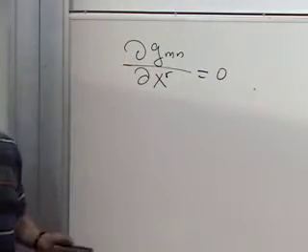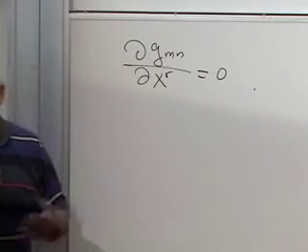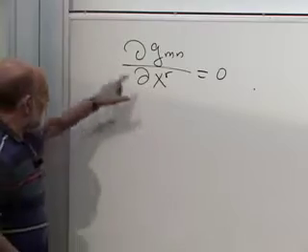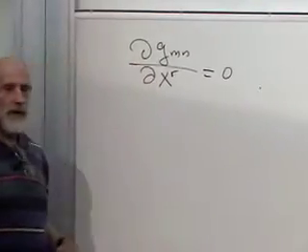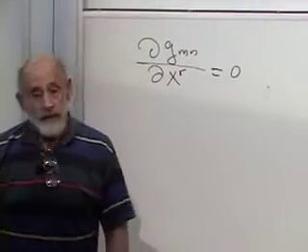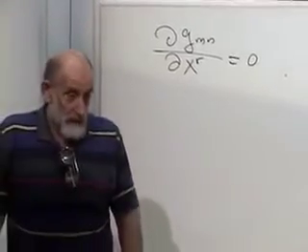You can find a coordinate transformation which will make the derivatives of the metric all equal to 0. That is a flat space-time by definition.